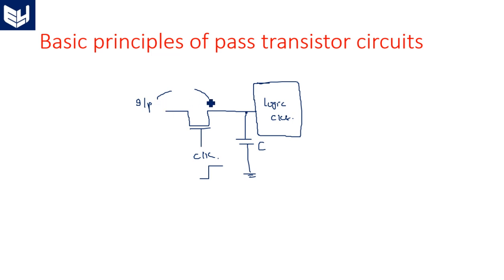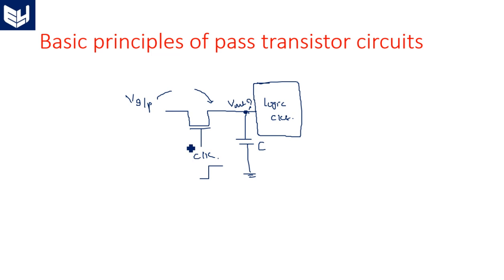So now, what is the status when input is high? What type of voltage appears at this particular point? We can call it V out. When input is equal to high, what is the output, when clock is equal to 1? When input is equal to 0, what is the output, when clock is equal to 1? Why are we studying only when clock is equal to 1?